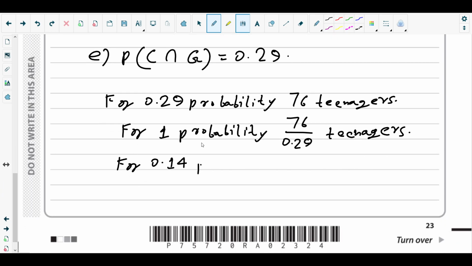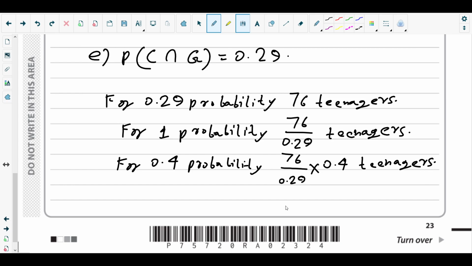So what proportion of teenagers do not play Scrabble? This is 0.4. So how many teenagers? 76 over 0.29 times 0.4.